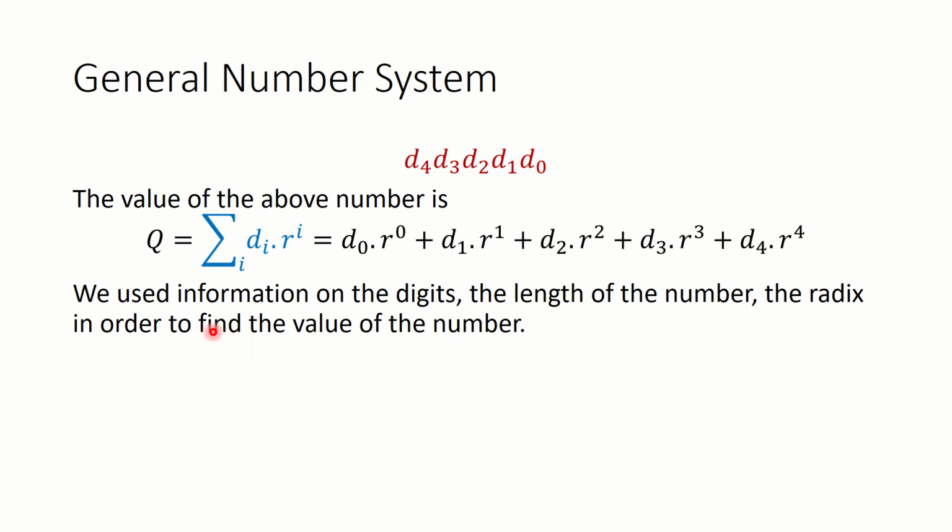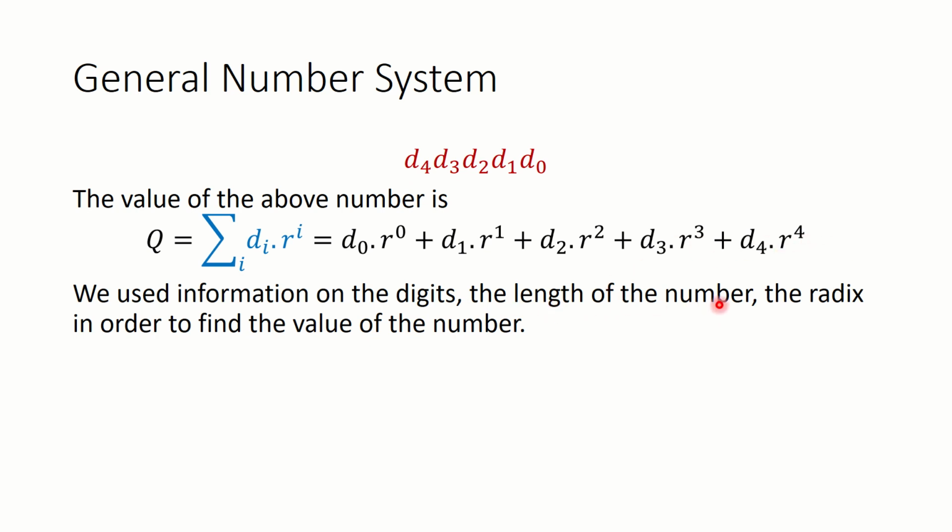So, if we look superficially, we would say that we have used the information on the digits. What are these digits, 1, 2, 3, like this, what exactly are those digits? We also use the information on the length of the number, because this summation we have to stop somewhere.